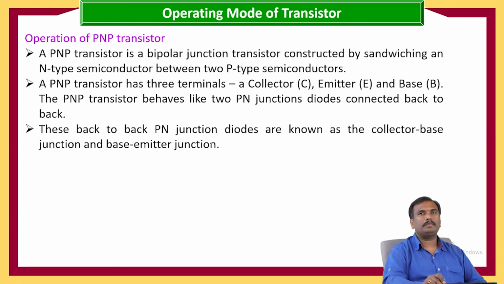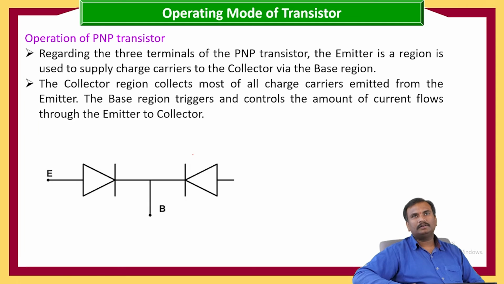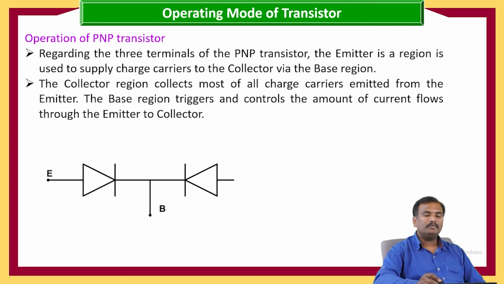These back to back PN junction diodes are known as the collector base junction and the emitter base junction. And this is the symbol we have seen, the PNP transistor with the diode, and this is the collector where we can collect all the current from both the emitter and base layer.